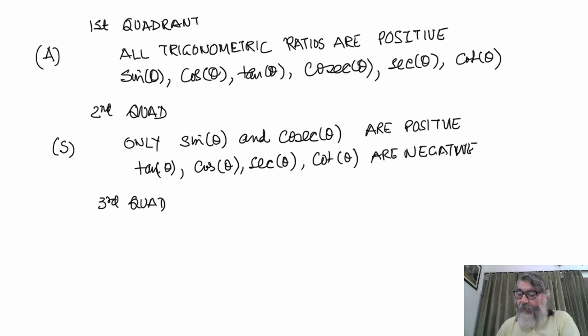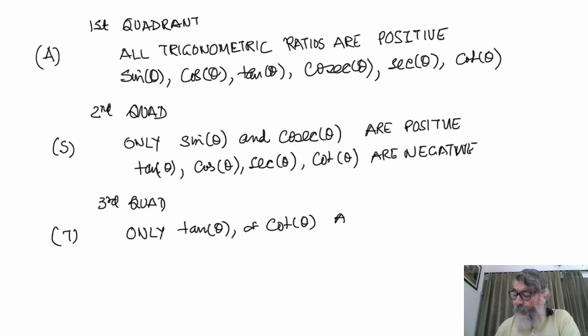In the third quadrant, add sugar to coffee, the second word, coffee. Only tan theta and the reverse of tan theta, cot theta, are positive, and the rest are negative.